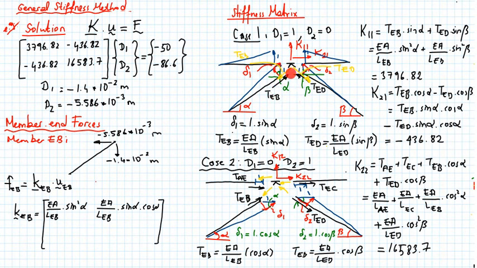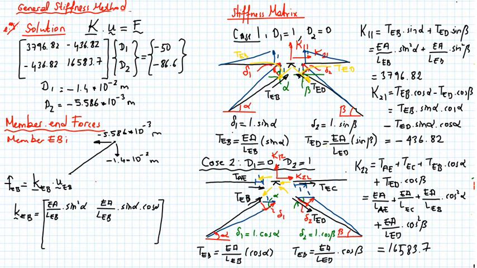So here TEB times cosine alpha plus TEB times the horizontal components we are looking at. Sorry for that. So TEB times cosine alpha will be the contribution in the horizontal direction. And here again, TEB times cosine alpha will be the contribution of this force in the horizontal direction.